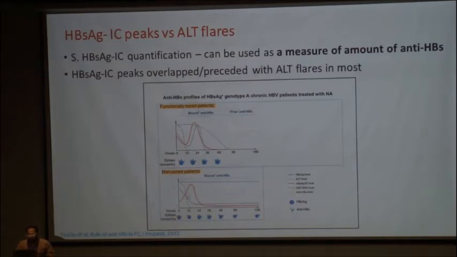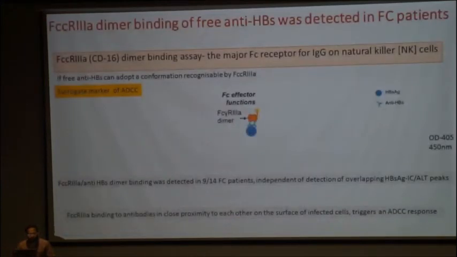In the non-cured patients, the complex flare was not followed by ALT flare. So ALT flare is important following the complex flare to sustain a good humoral antibody response and viral clearance. So it is a measure of the amount of anti-HBs activity against the HBsAg as well.